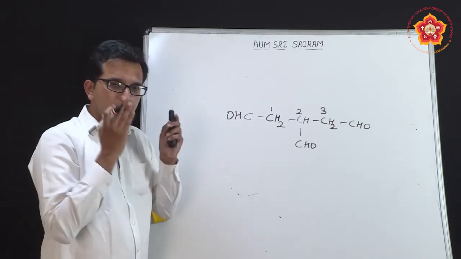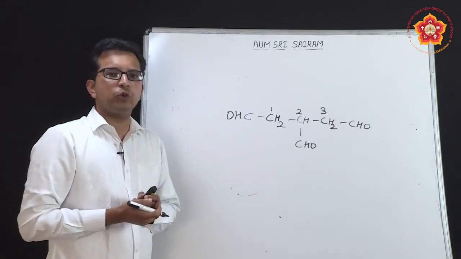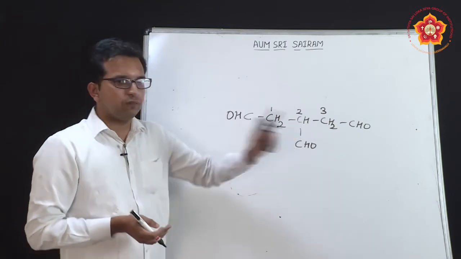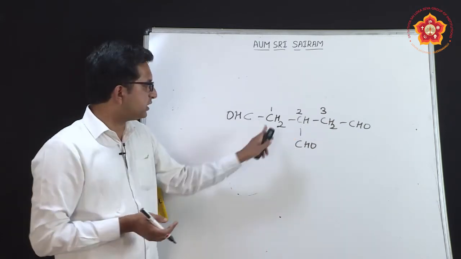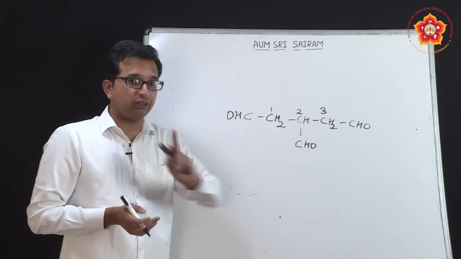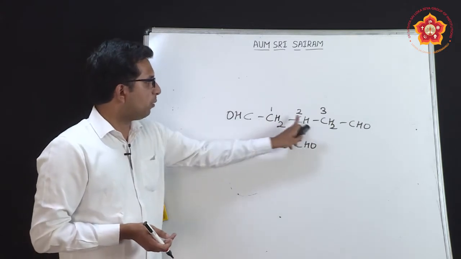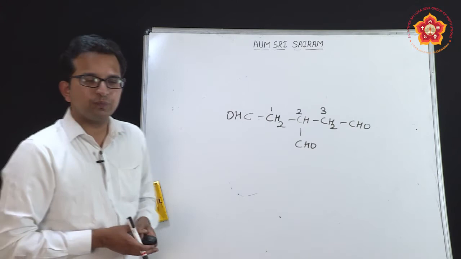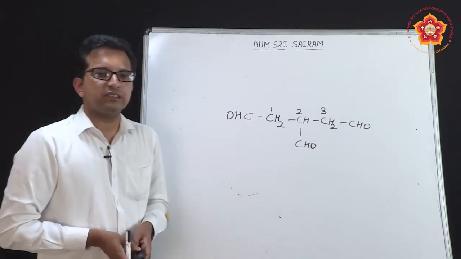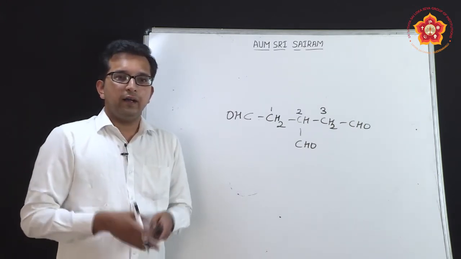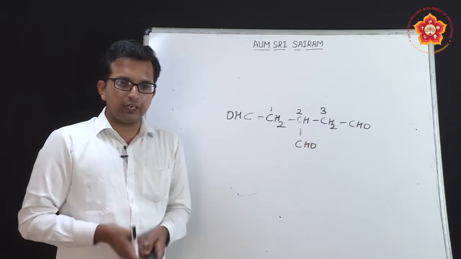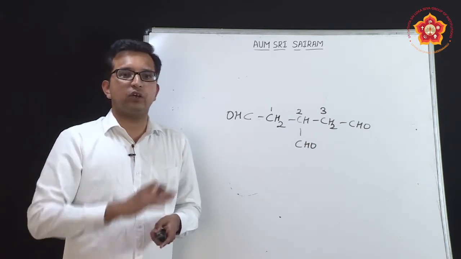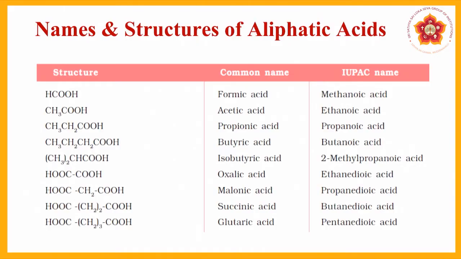Tri because we have to name all the 3 aldehyde groups. So prop is the carbon system present in the parent chain, and the name of this compound is propane-1,2,3-tricarbaldehyde. So this is how the naming of these types of aldehyde and ketonic compounds is considered. And now let us go to the next set of compounds.